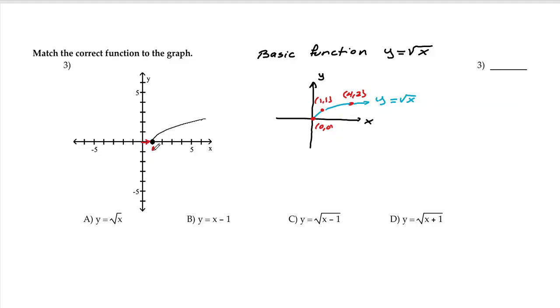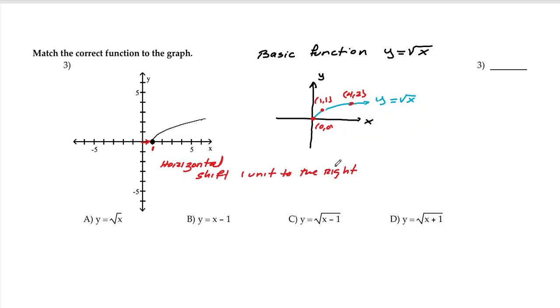If the point 0, 0 was moved to 1, 0, then there was a horizontal shift one unit to the right.